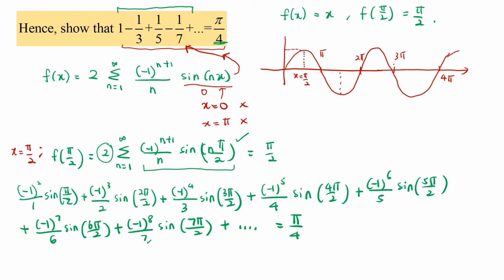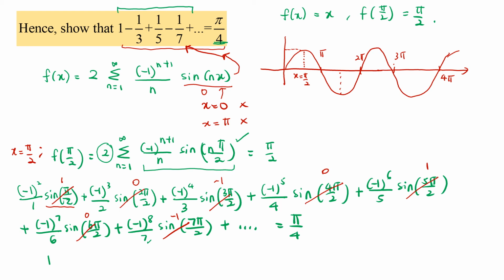Okay, now the next step is to substitute the value of sine. Sine pi over 2 is equal to 1. Sine pi is equal to 0, and sine 3 pi over 2 will be equal to negative 1, sine 2 pi is equal to 0, so it will alternate 1, 0, negative 1. Now we expand this: we get negative 1 to the power of 2 times 1, which is 1, and then the second part is equal to 0.